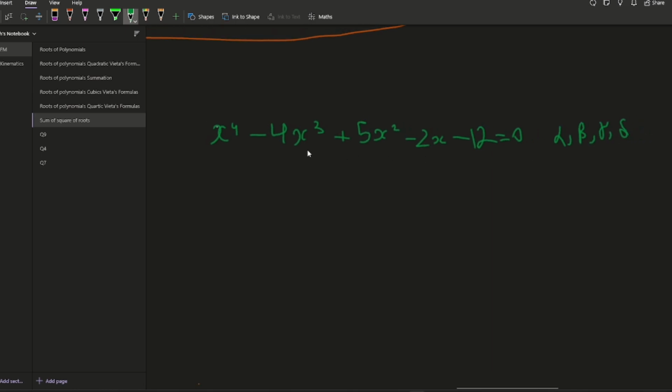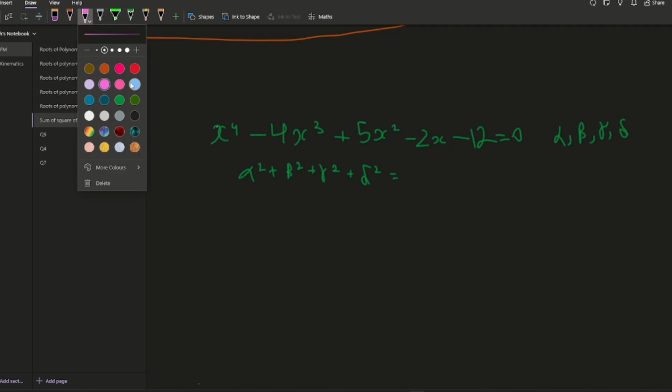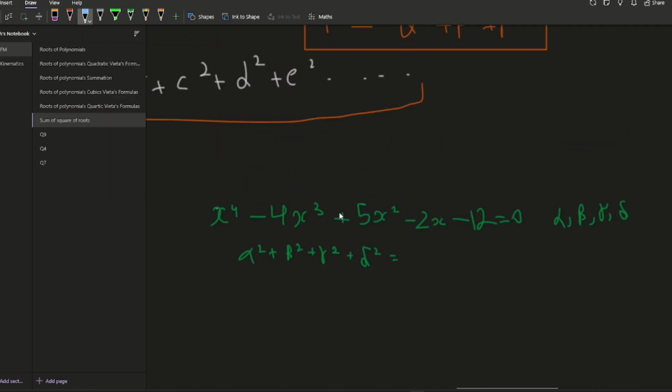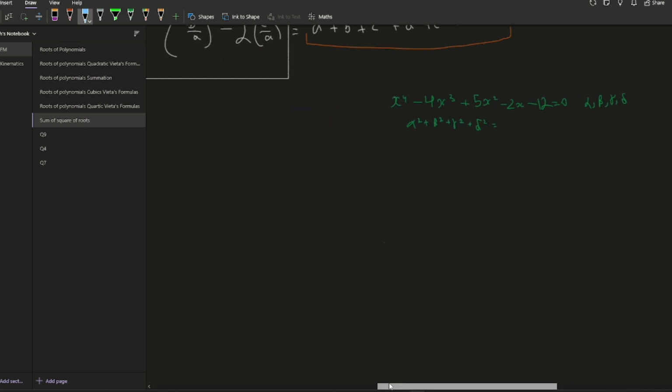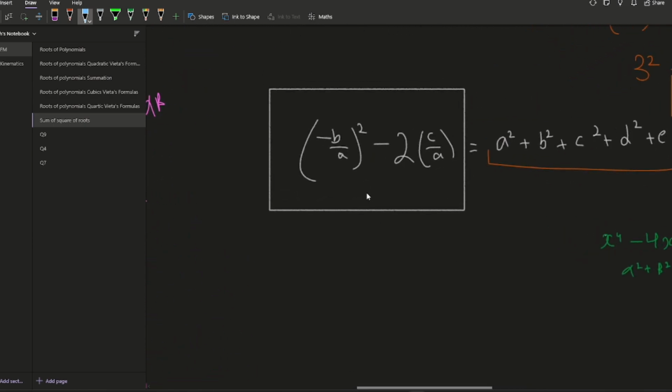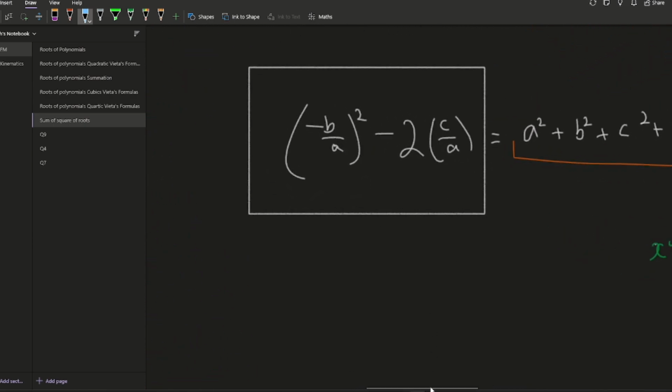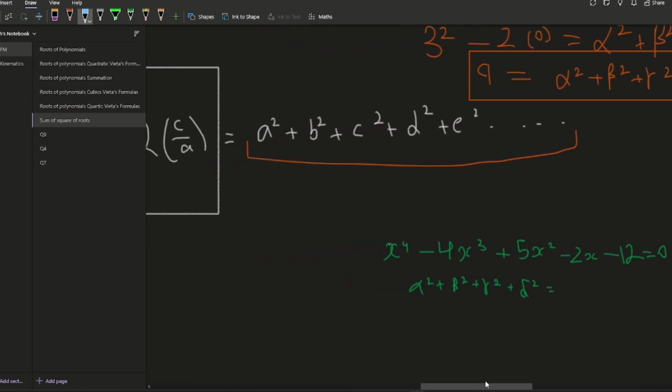So we now need to find the sum of squares of roots, which will be alpha square plus beta square plus gamma square plus delta square. How will we do that? We will simply apply this formula here, which is minus b over a, squared, minus 2c over a, because this is following this similar pattern.